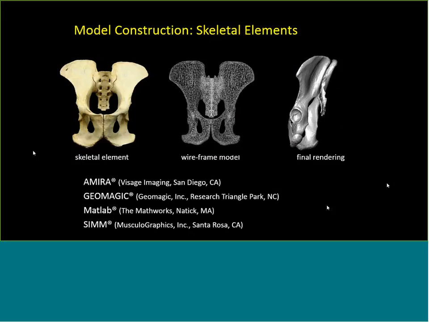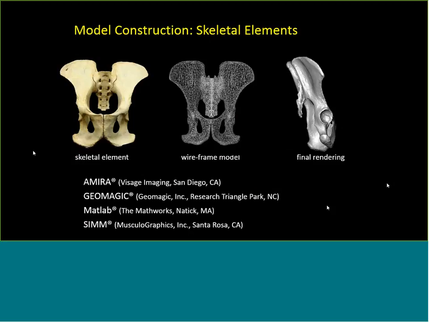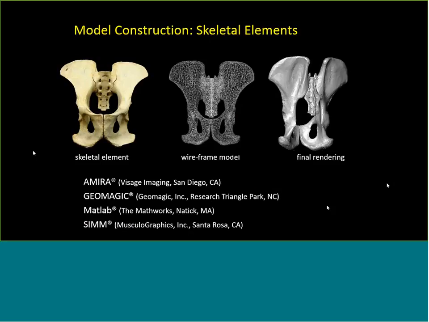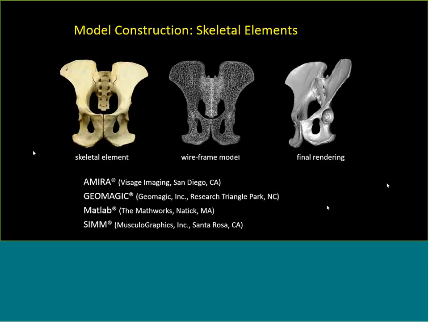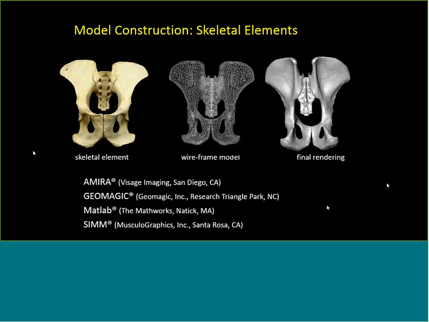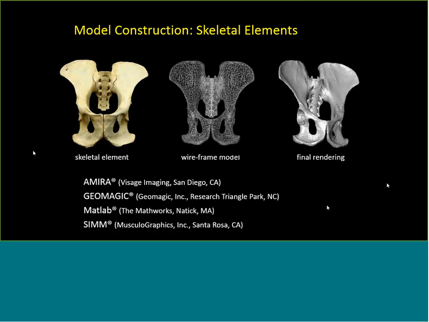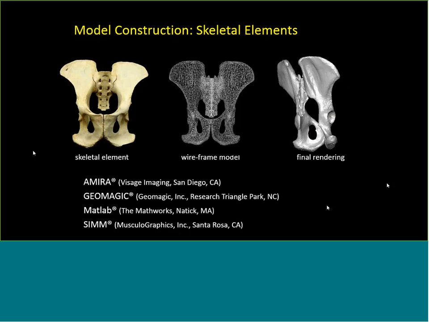And it's a commercial product, but it has a number of features that make it very well suited for building musculoskeletal models from scratch. And so that's where we did a lot of the initial construction work before exporting the model for use in OpenSim for doing the types of analyses that I mentioned earlier.